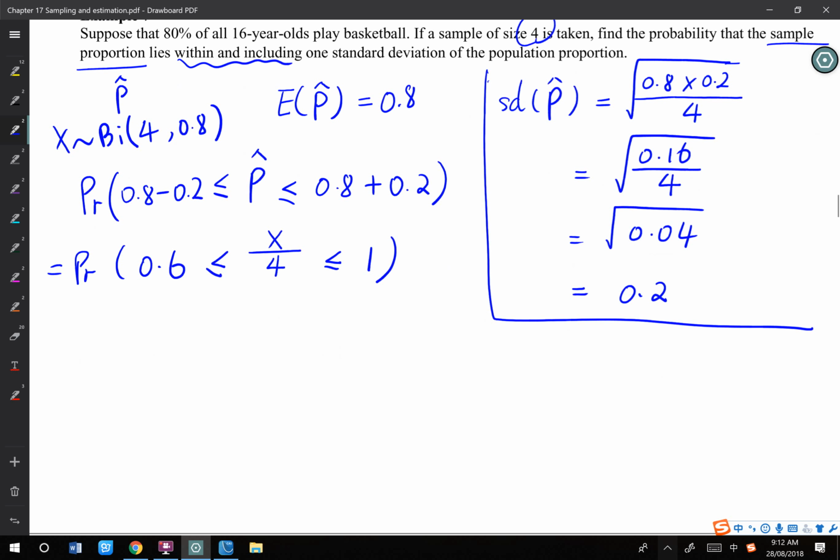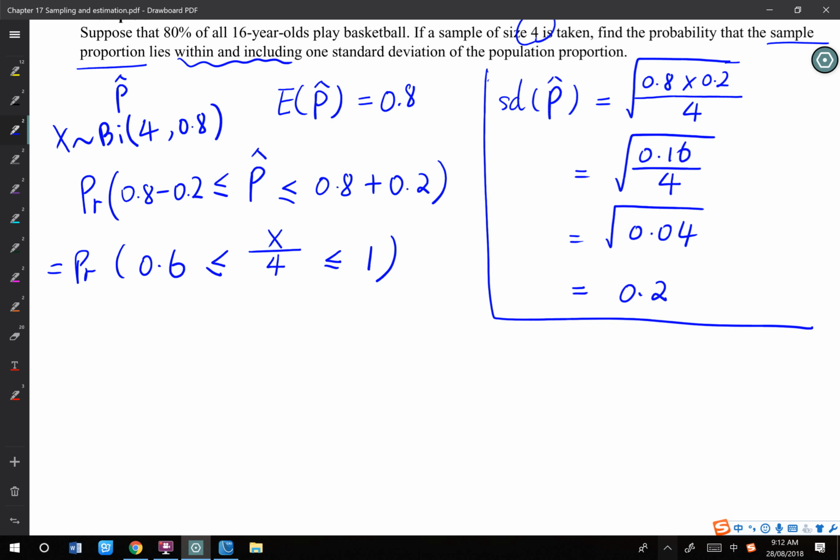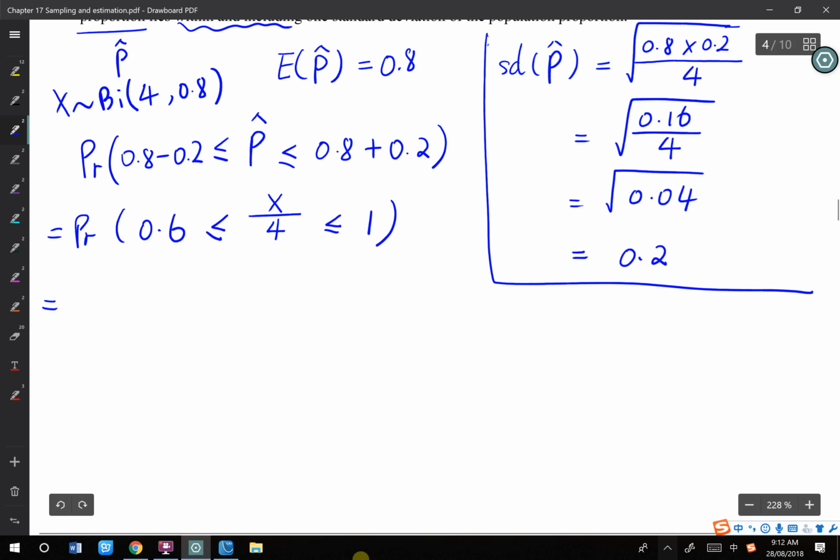And I want the probability that my p hat lies within and equal to 1 standard deviation, which is 0.6 to 1. Okay, 0.6 to 1. So what I will do after that is multiply by 4 on both sides. That gives 2.4, and this side is 4.